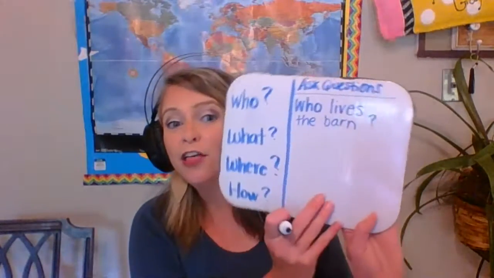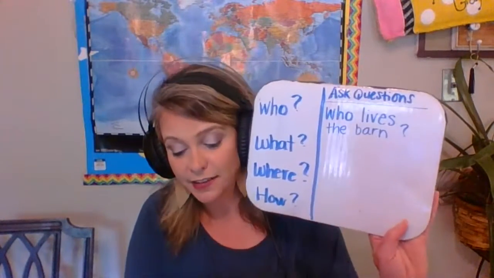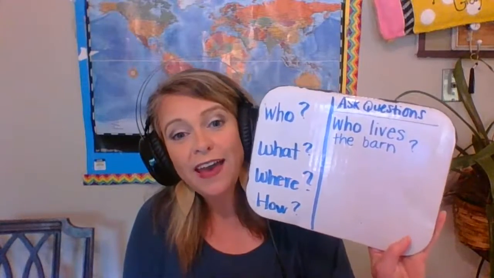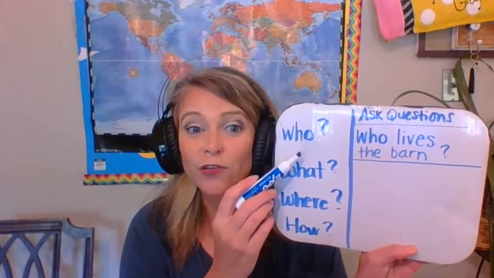I just picked one, okay? All right, so I picked who lives in the barn. Okay, so in order to find out these answers to these questions, you're going to look at the details of the story. Remember, there's something in a story called the main idea and something in a story called details. Okay, so in order to get the main idea, we're going to look at these details.